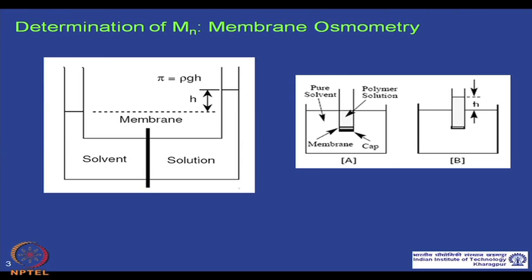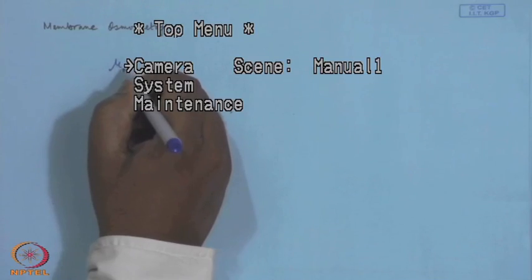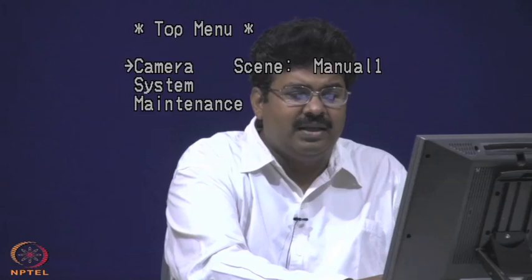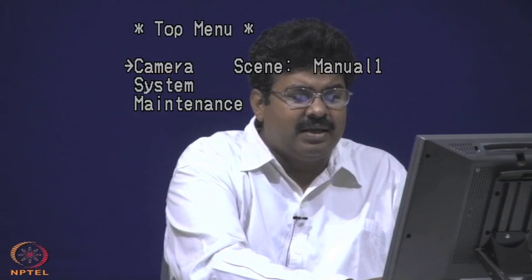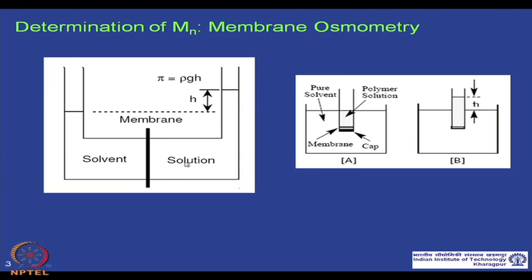Now, as we are discussing, the solvent chemical potential is higher for a pure solvent than in the polymer solution. So, osmosis happens.